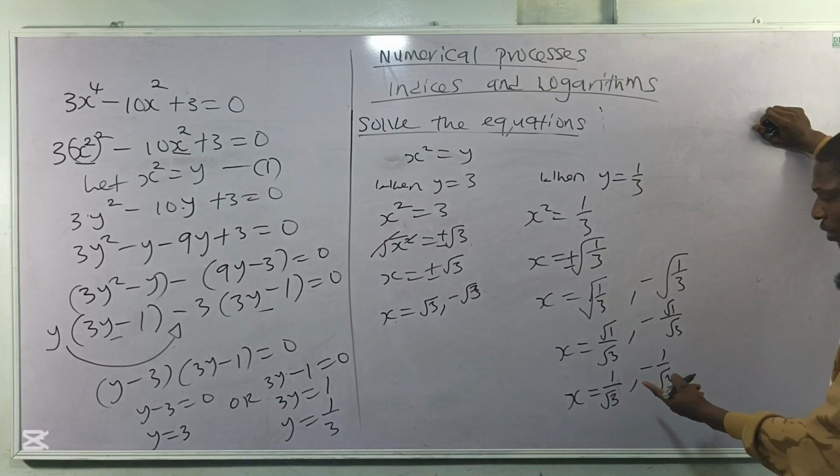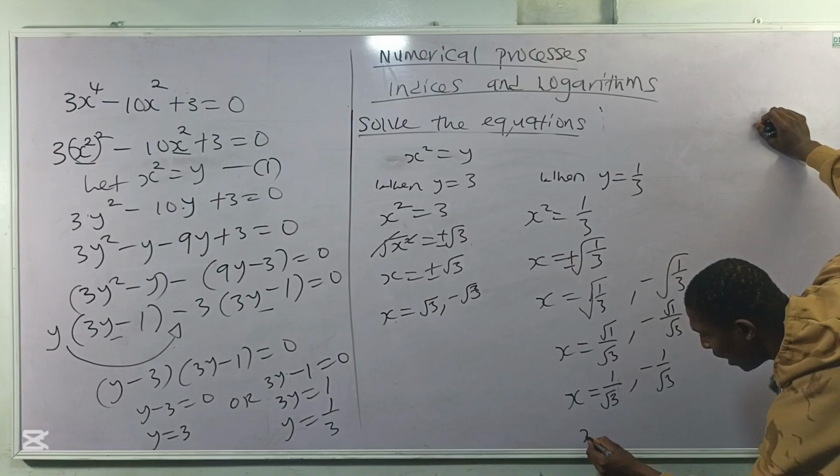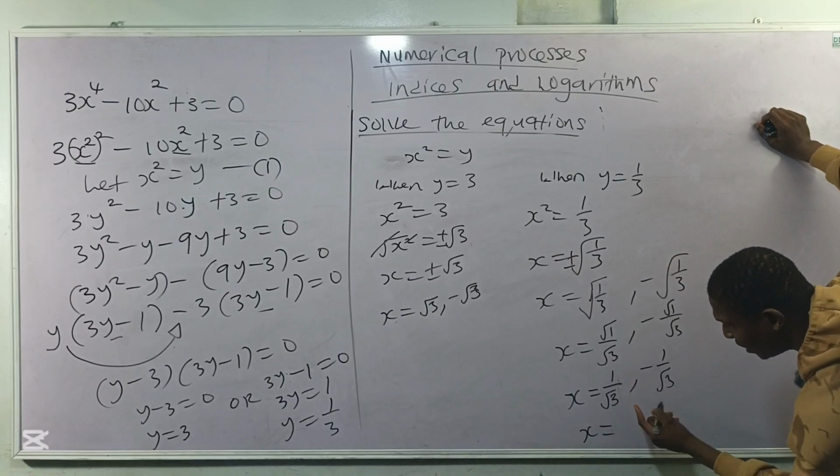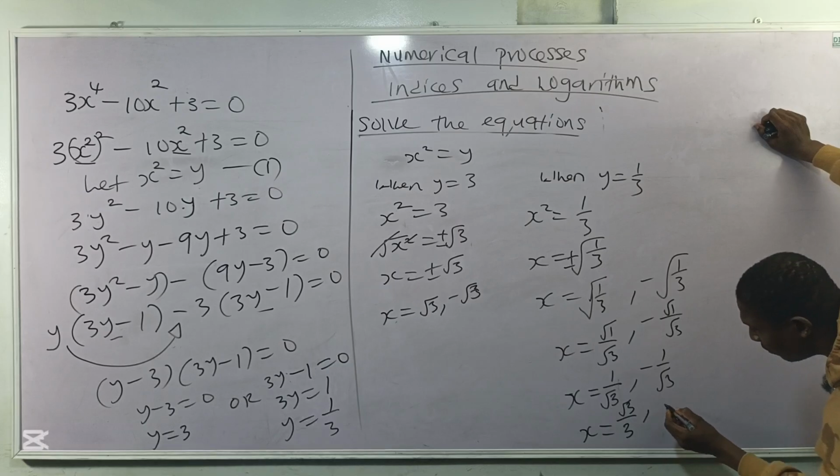And again, it's better that the root be at the top. If I'm doing that, then I'll have to multiply up and down by root 3, so I have root 3 all over ordinary 3, comma, minus root 3 all over 3.